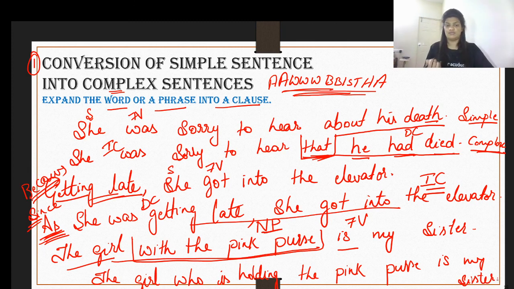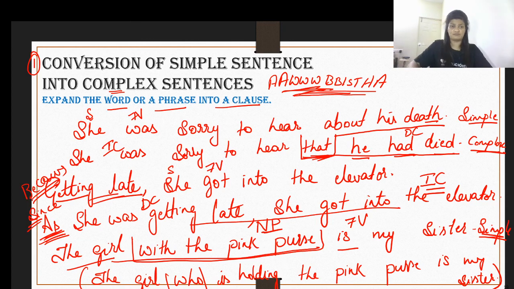The conjunction that we have used is who. That is one of the WH words. So the girl who is holding the pink purse is my sister. This is our conjunction, thereby making this a complex sentence, whereas this is a simple sentence.